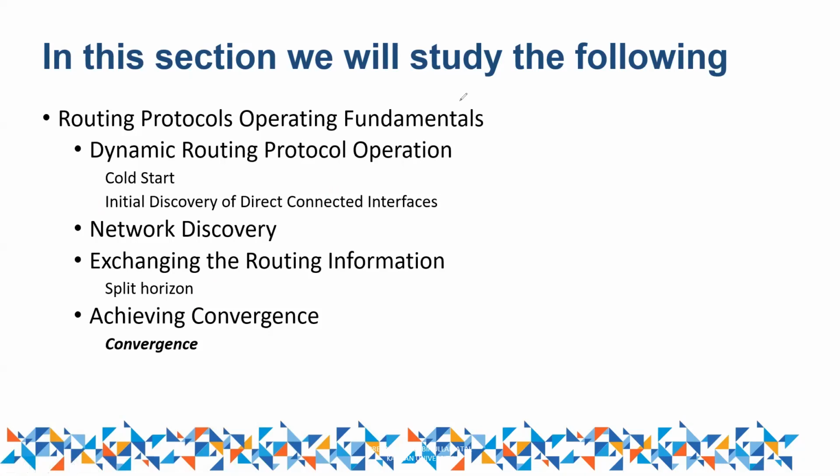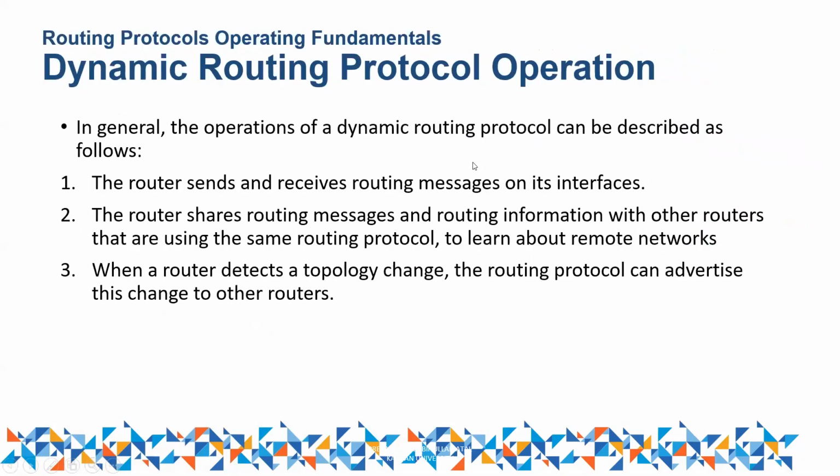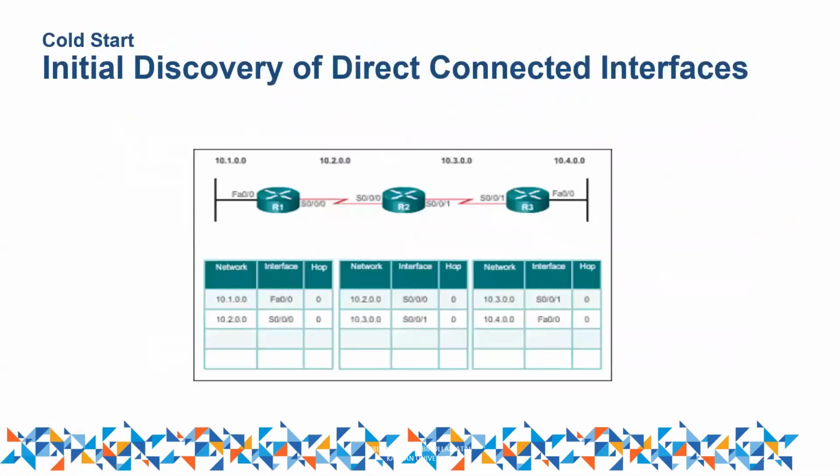Okay, before explaining these things one by one, we should understand the topology. We will try to understand all these things with the help of this topology. You can see, dear students, I have 3 routers: router 1, router 2, and router 3. And at this side, I have a network 10.1.0.0, and at this side, I have a network 10.4.0.0.